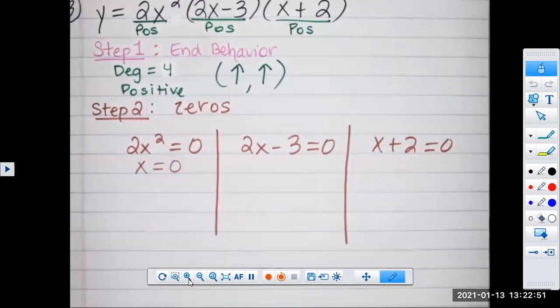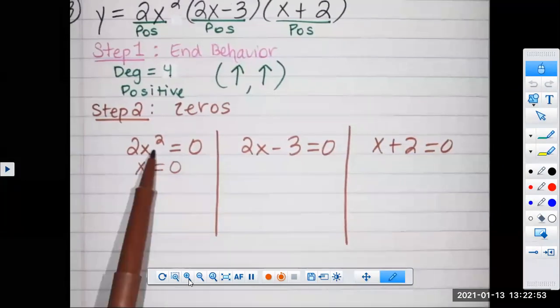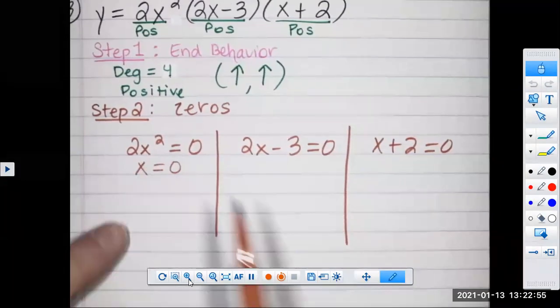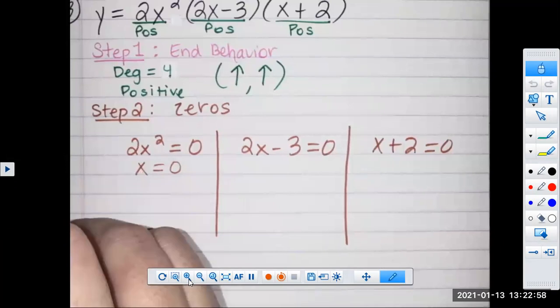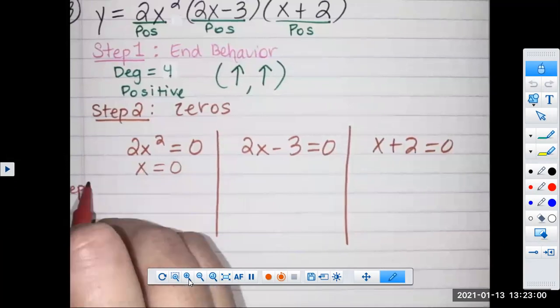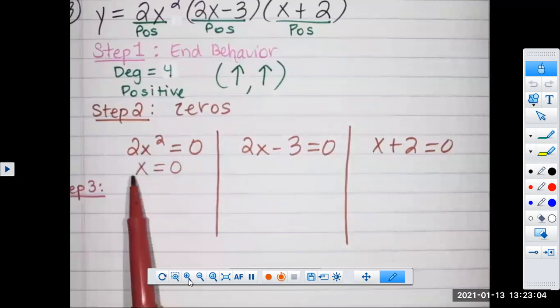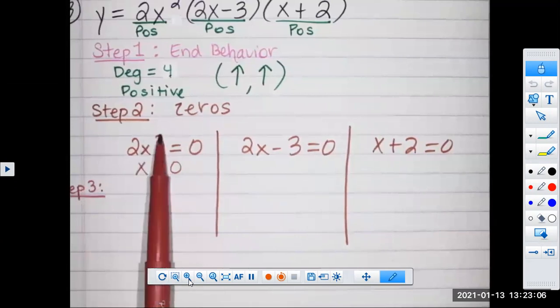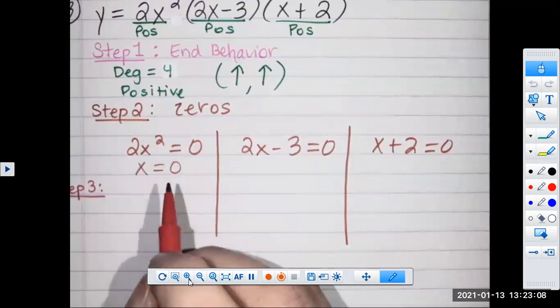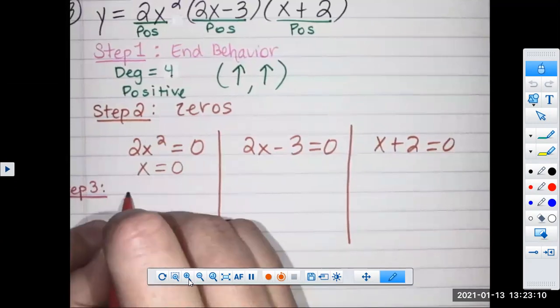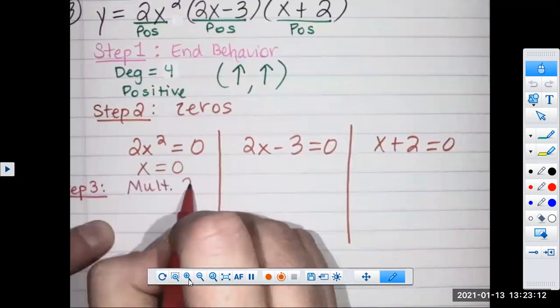You have to be really careful in this case, though. What is this multiplicity going to be? How many times did you actually see x? Good. If x is squared, it's going to have a multiplicity of 2.